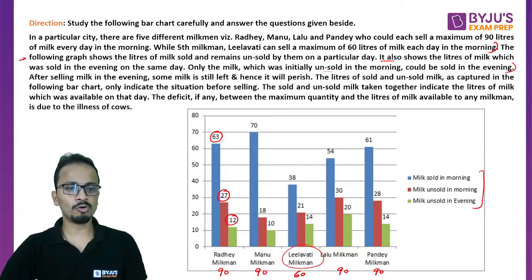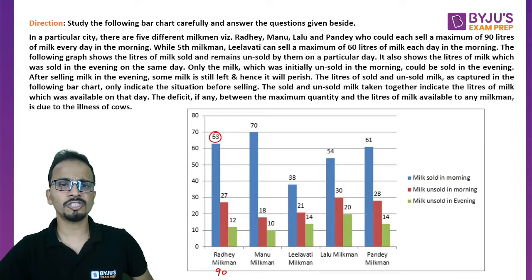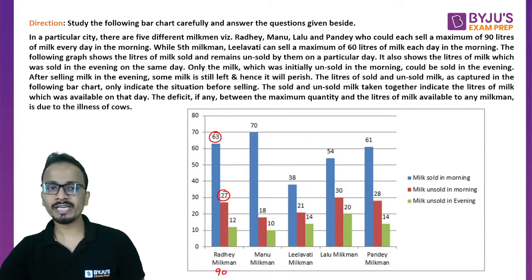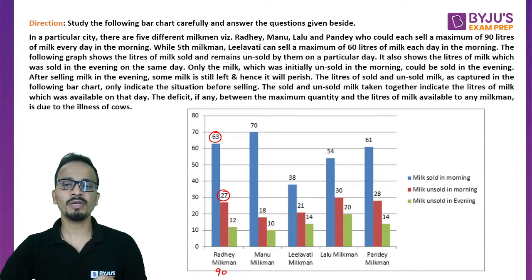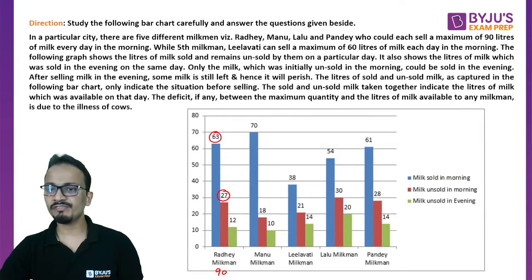So let's talk about this first milkman once again. Radhe can sell a maximum of 90 liters of milk in a day. In the morning, he sells 63 liters and he is left with 27 liters of milk. Now, according to the data that is given, this 27 liters of milk, which is unsold in the morning, will be available to sell in the evening.